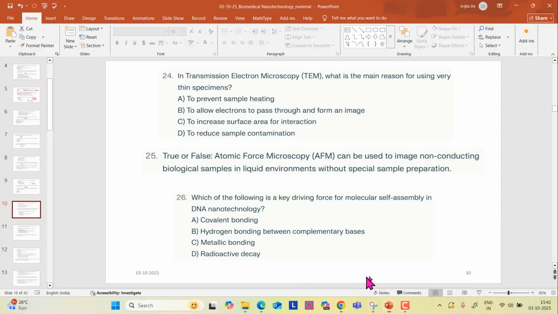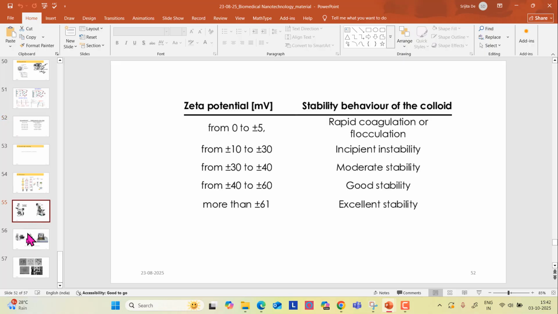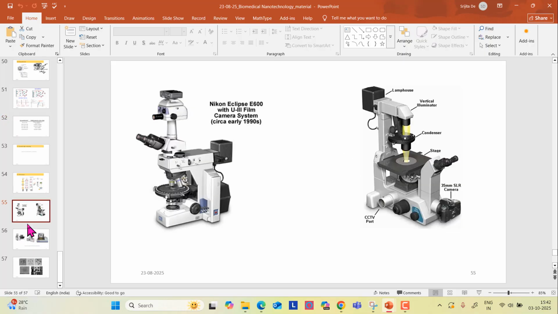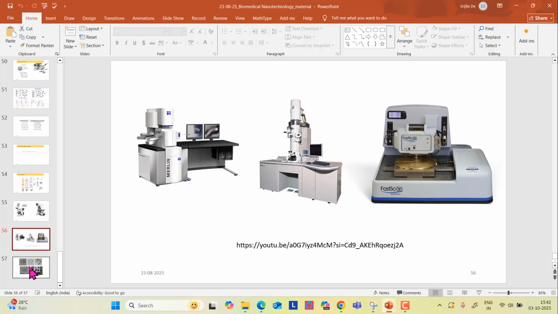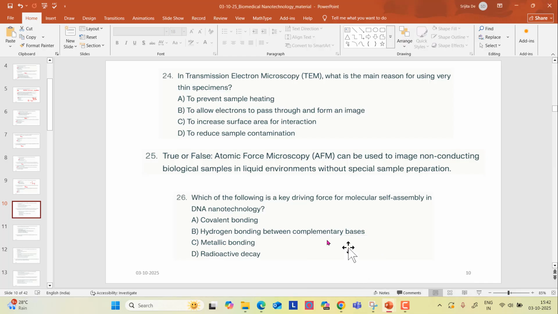Yes, because in TEM what happens? You can see here, this is a TEM image. In TEM, the electron beam transmits through the sample and creates the image, or the image is captured in the detector, right?